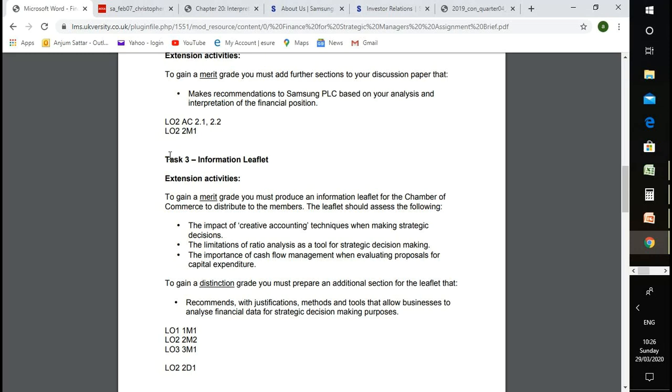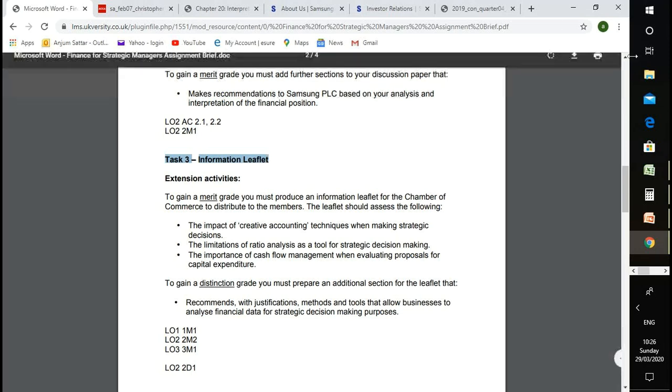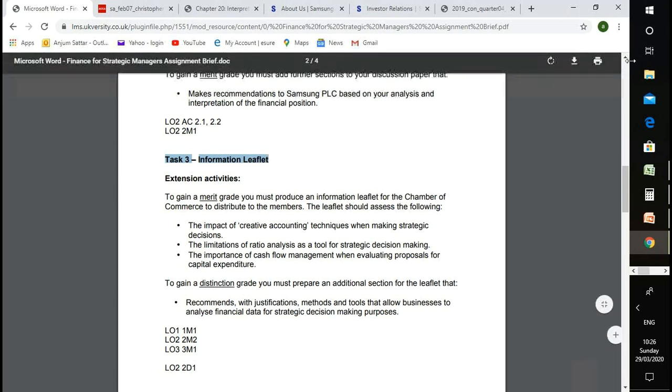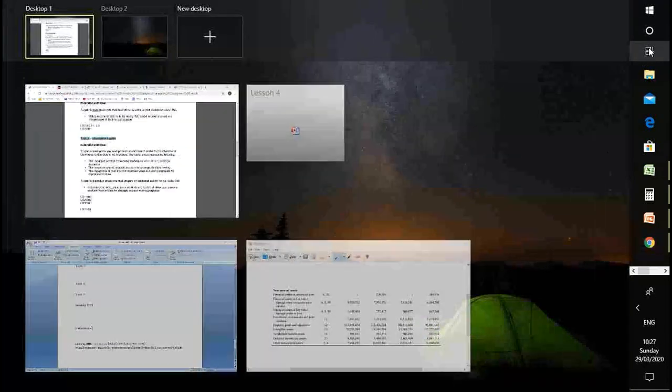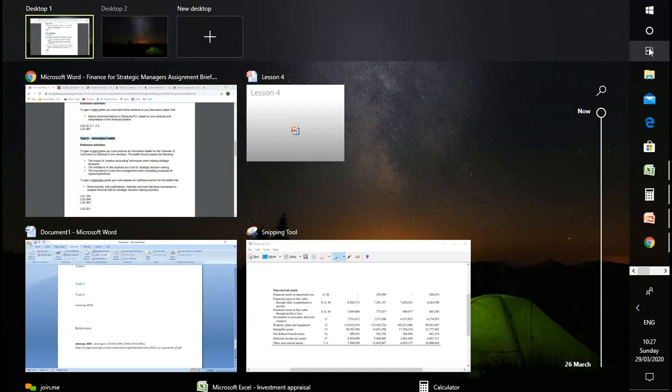Okay. Next, task 3, information leaflet. And even if you want some leaflet template, do you know how to find a template? In Word? Yes, I'm pretty familiar with Word.